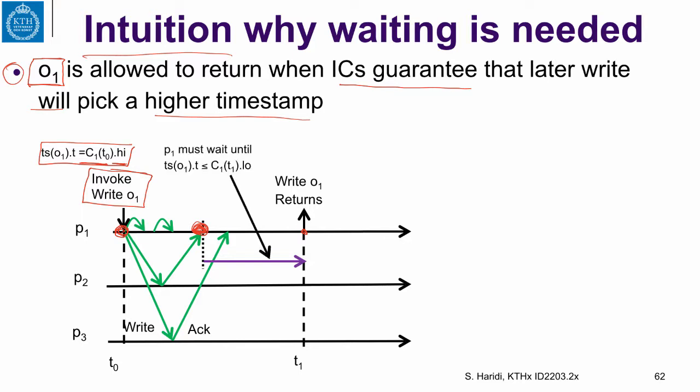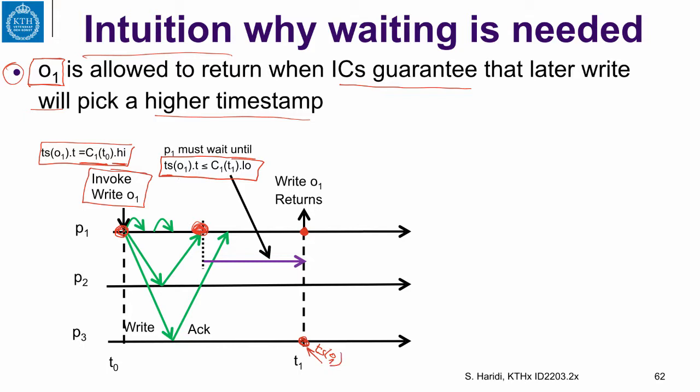Why? Because we have to wait until this condition is satisfied. And what is this condition? It says that at this point, the lower bound of the interval clock has to be higher than the timestamp. And where is the timestamp now? The timestamp will be at this point. This is where the timestamp of operation O1 is.